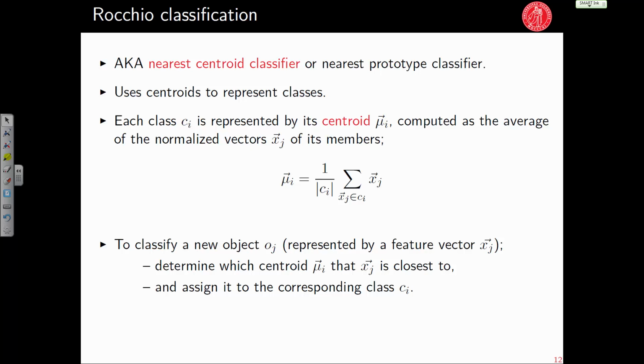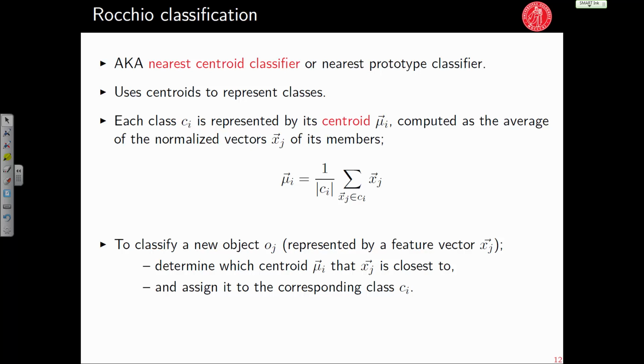Okay, so what I was saying is, the training is basically just computing centroids, and the classification, given a new object, is computing the distance to all of these centroids, and then assigning the class of the closest centroid to the new object. Very simple.